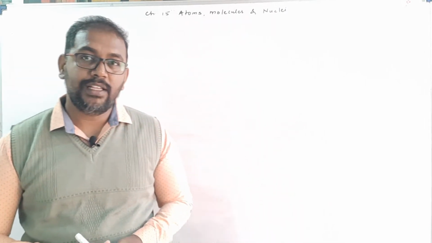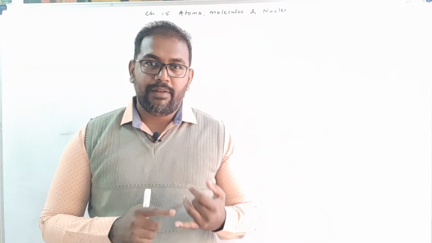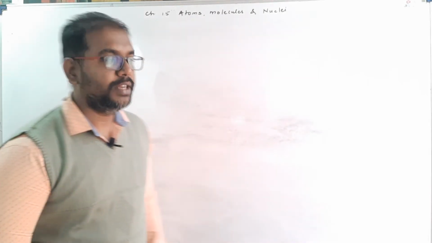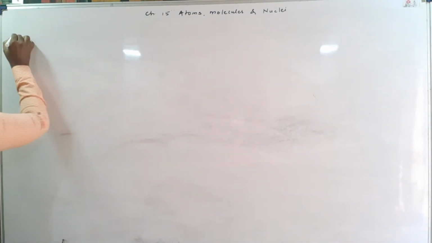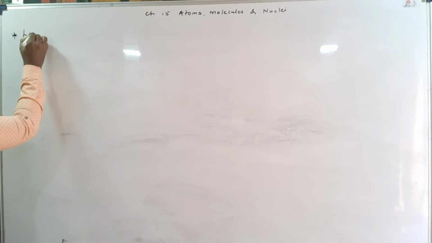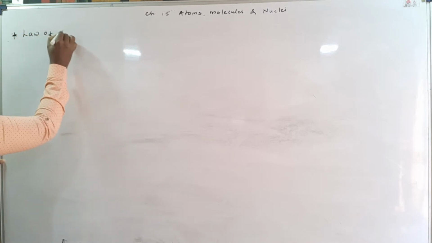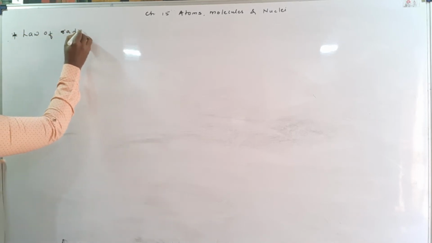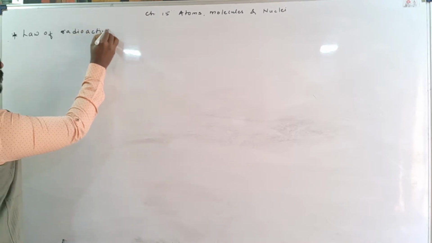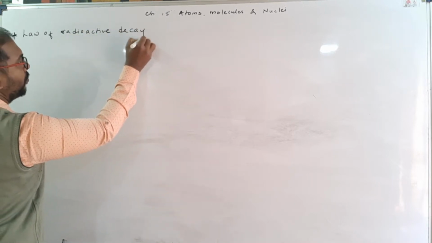It is classified into three categories: alpha decay, beta decay, gamma decay, which we already learned in the previous session. Now we start the law of radioactive decay. So today's topic is the law of radioactive decay.